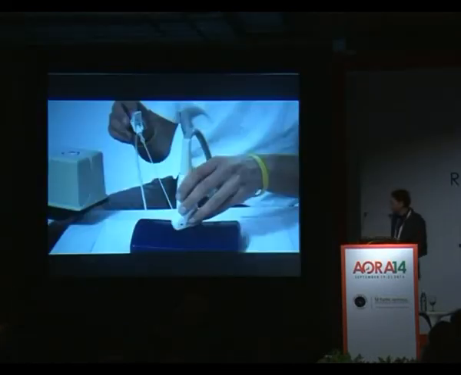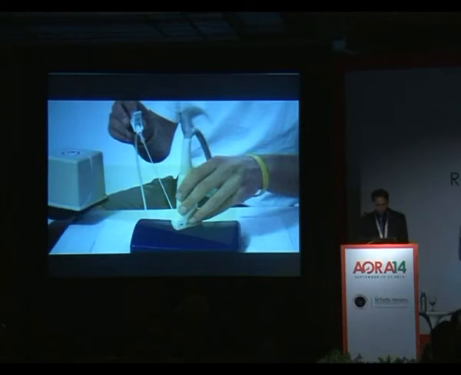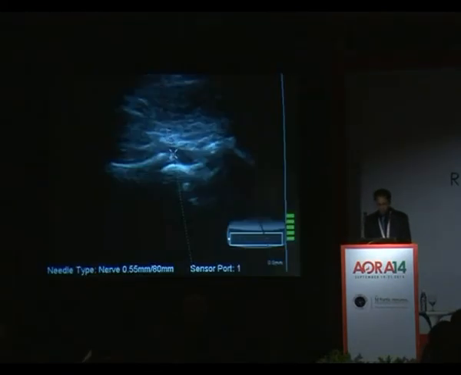So this is the basic setup of how it would be. The generator, the probe, and you see a rather large needle there. So that's the electromagnetic field that would be generated. And this is how the image would be. Now this is not your typical ultrasound image. You're going to wonder where the needle is. There is no needle anymore. What is drawn is a virtual needle. You see the red here.